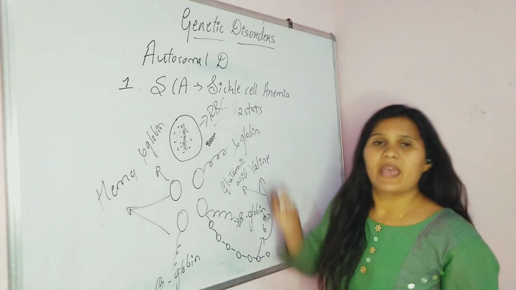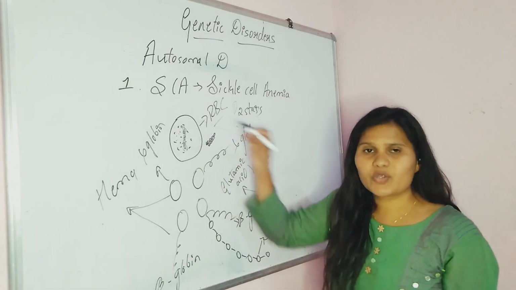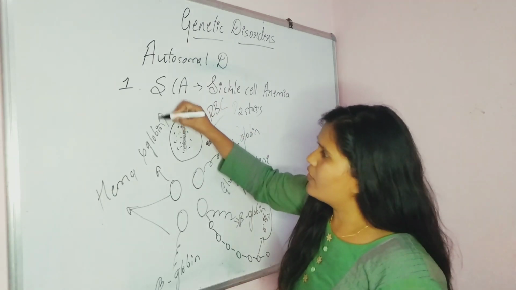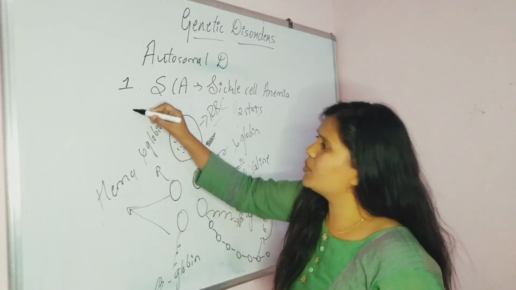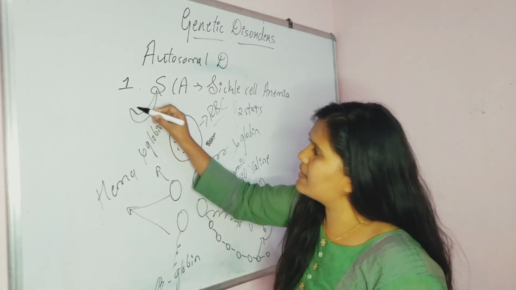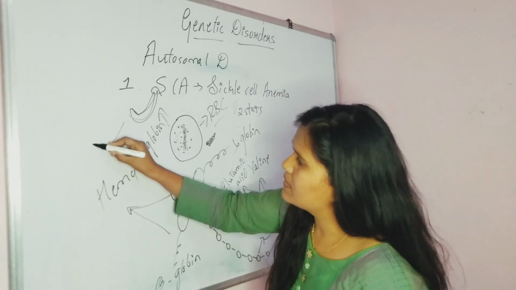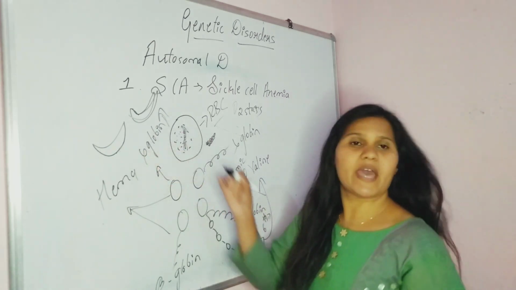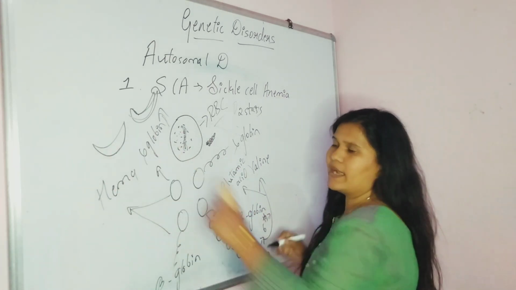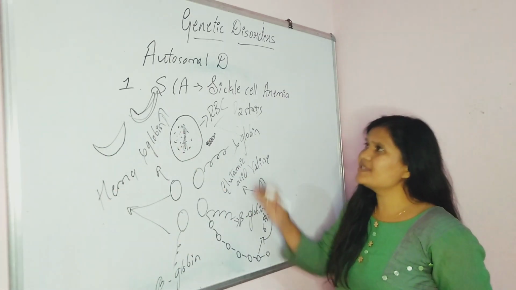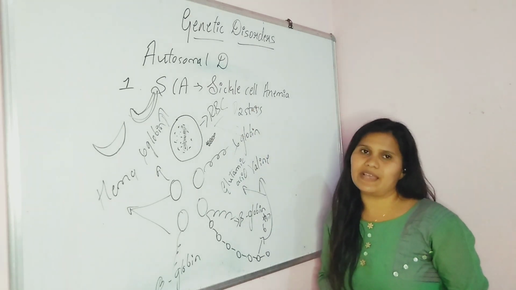Hence the structure of the RBC will get converted into a sickle cell shape. You can say half-moon shape. So sickle cell shape, hence it is called sickle cell anemia.